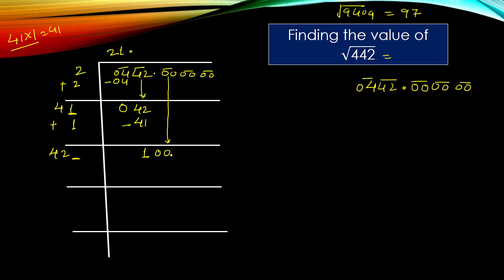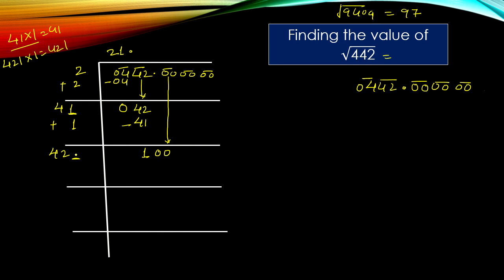Now we are ready for the third step. If we put here 1, the number becomes 421. We multiply the number by the same digit and get 421, and 421 is greater than 100, so this number is too large.